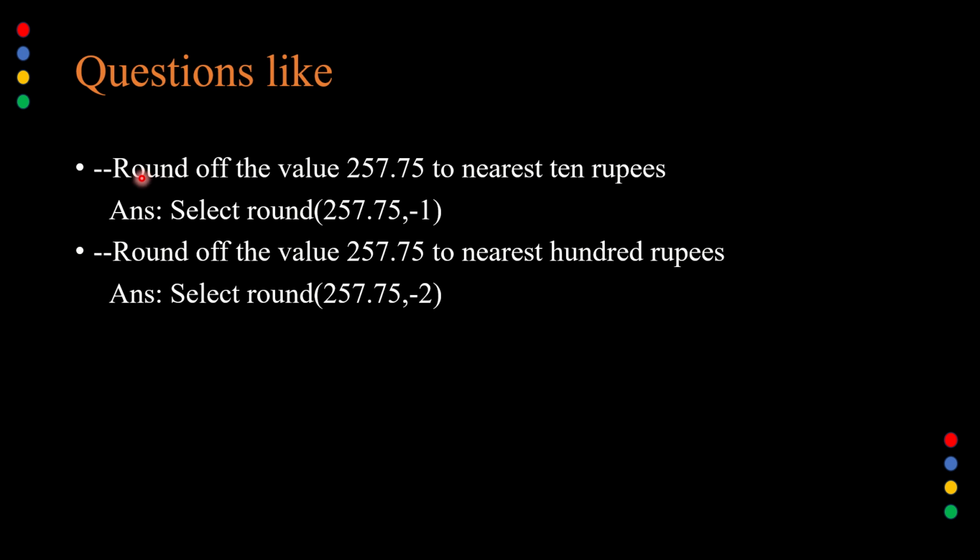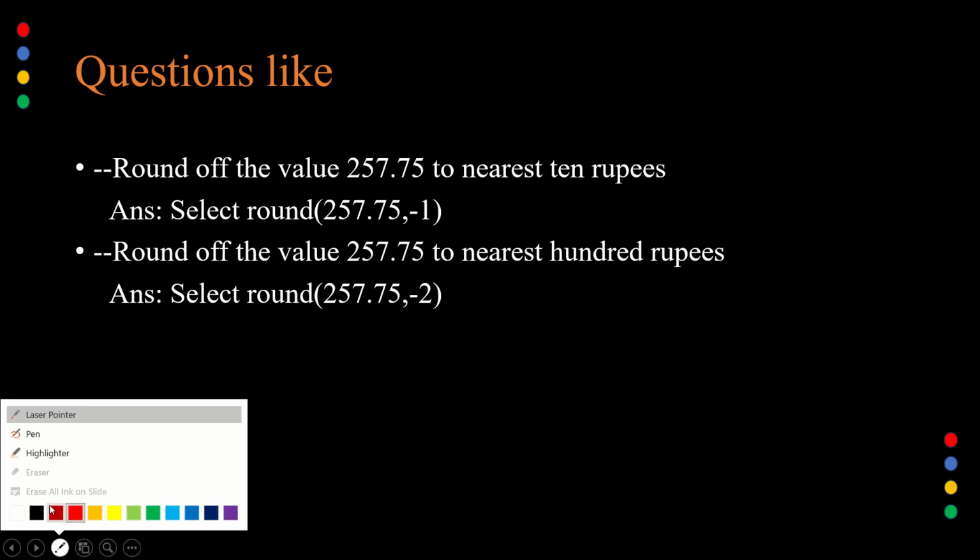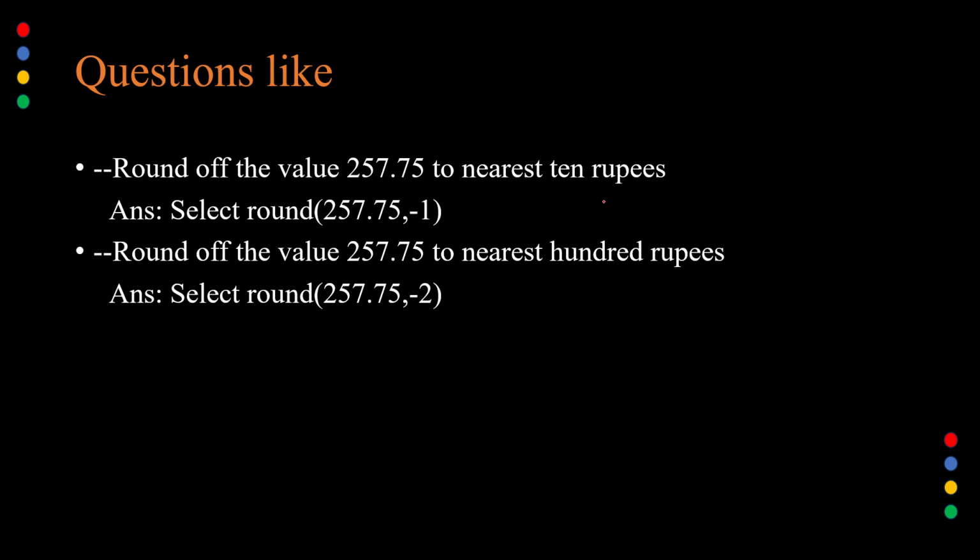This is how you will write: select round. For round we have 2 parameters: one is the number as such, and the second is what has to be done. If it is nearest 10, 10 has how many zeros? 1 zero. This is how you can memorize it. 10 has 1 zero, so you mention -1.